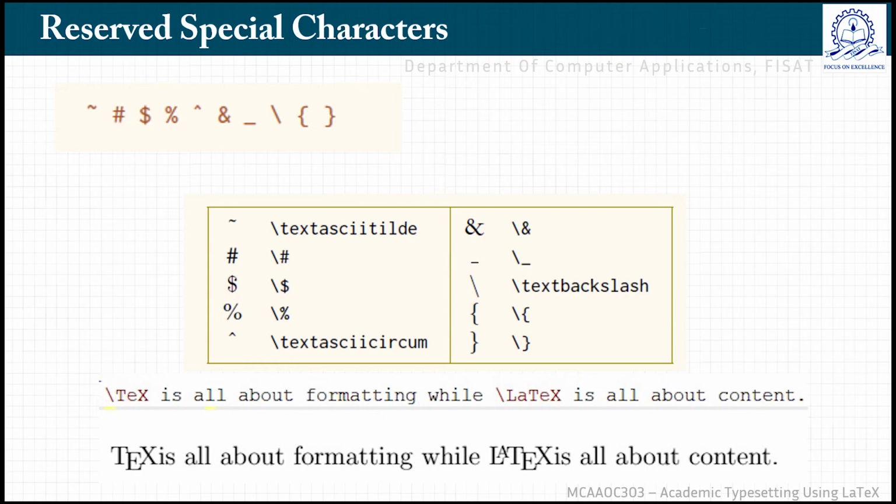Likewise, if we use slash text, we will get output accordingly, to indicate to the program that what follows is not text to be typeset, but an instruction to be carried out. So instead of giving the symbol LaTeX, if we give slash LaTeX, the compiler will understand that this is not simple text, it is a command.